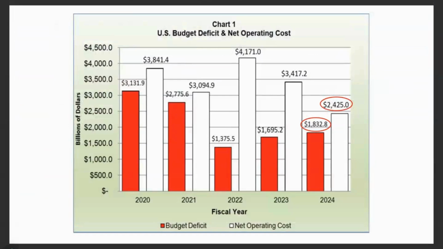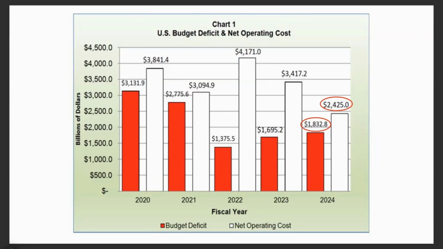So this chart 1 appears both on page 3 and page 17 of the Treasury's report. And as labeled, it represents the United States budget deficit and net operating costs for each of the last 5 years. So what is the difference between the budget deficit and net operating costs?